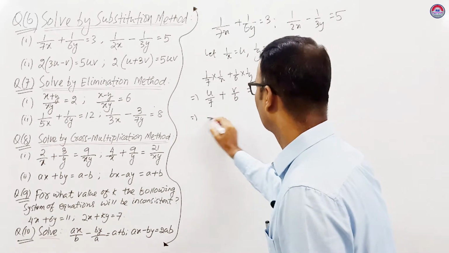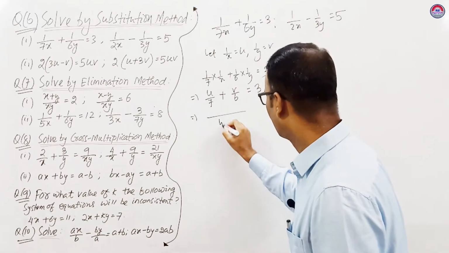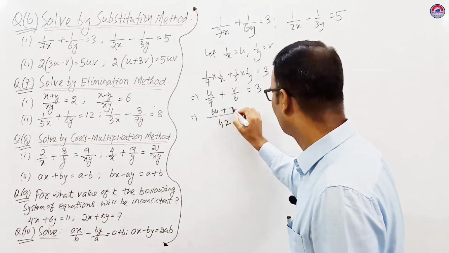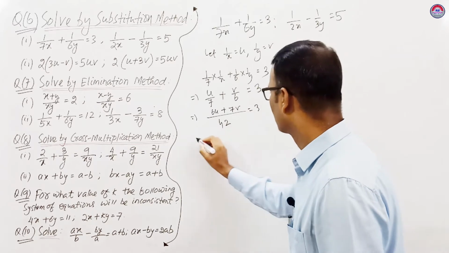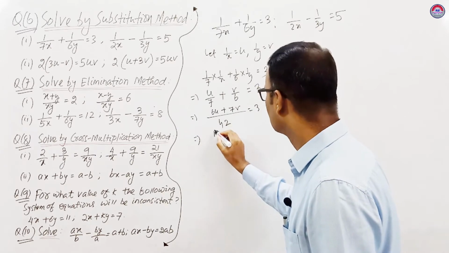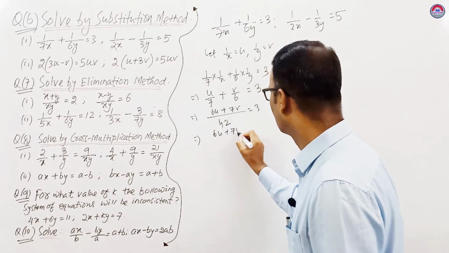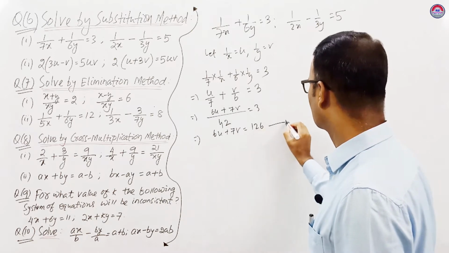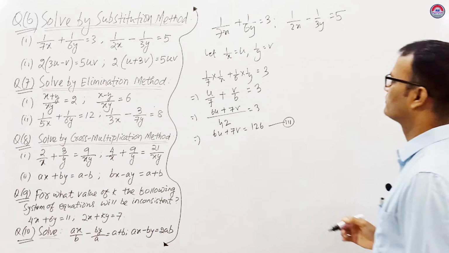Now take LCM 42. It will be 6u plus 7v equal to 3 into 42, that is 126. It is equation 3.